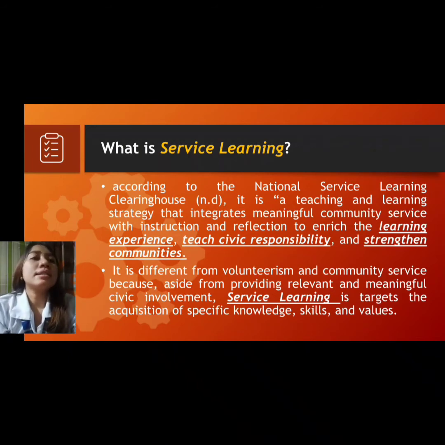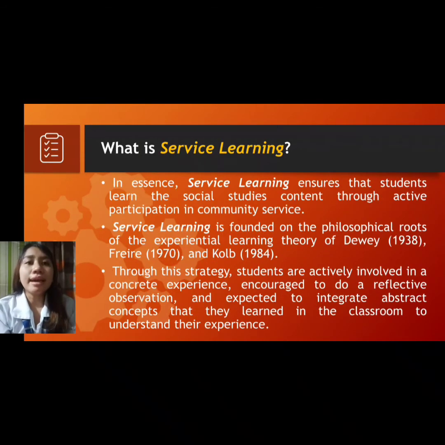So, next, in essence, service learning ensures that students learn the social studies content through active participation in community service.